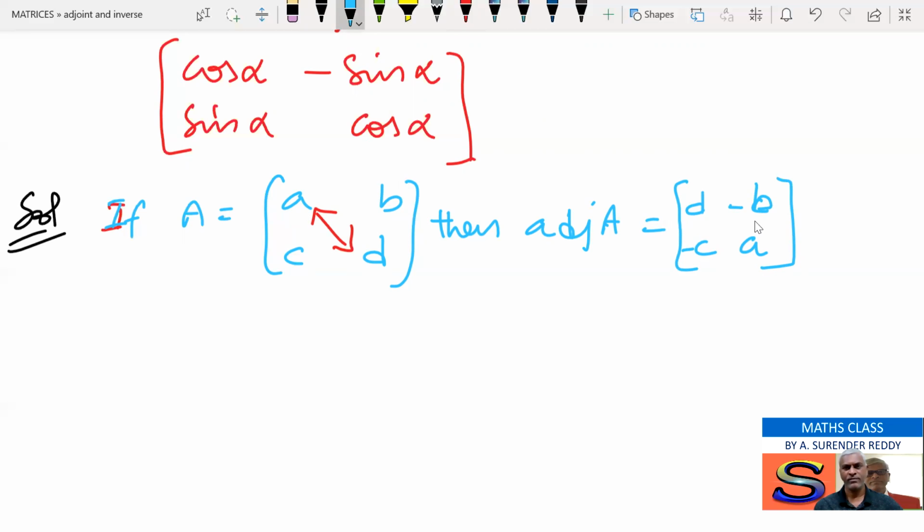So this is the procedure of writing the adjoint of a 2 by 2 matrix.